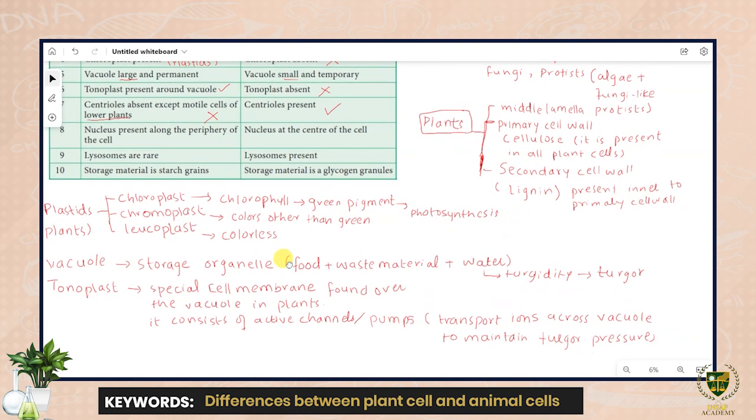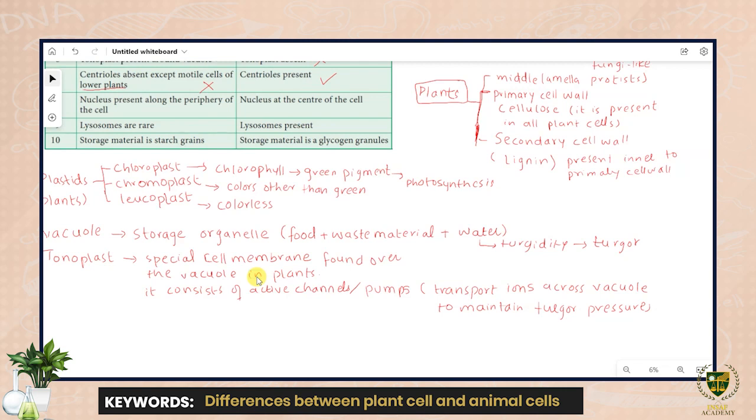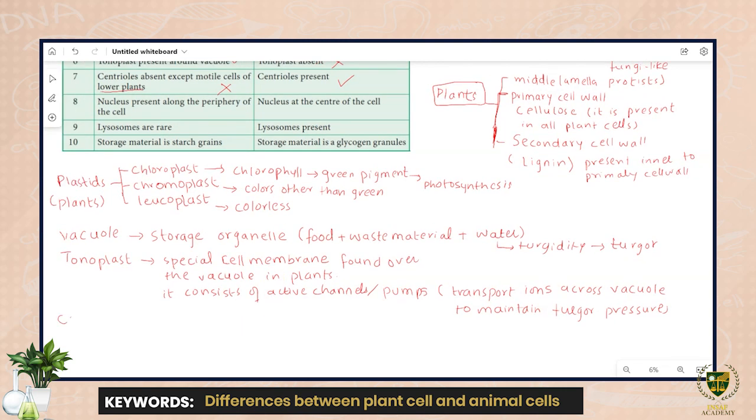And what are centrioles? Centriole, dear student, आपने पहले भी पढ़ा है. So centrioles, these are paired organelles which help during cell division. और सेल डिवीजन में किस तरह से हेल्प करते हैं?